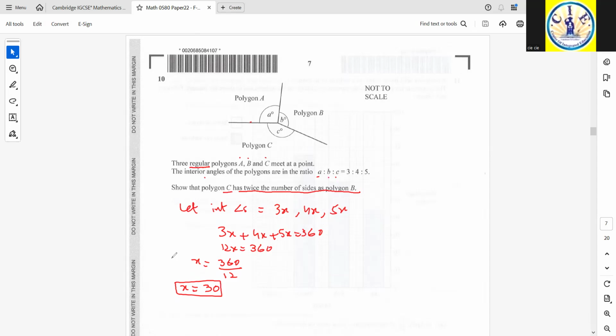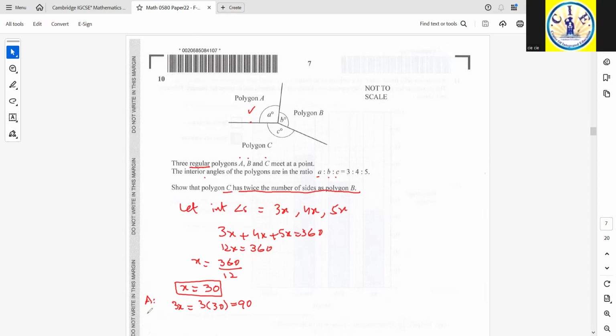Now the interior angle of polygon A, that is 3x, that is 3 times 30, that is 90.